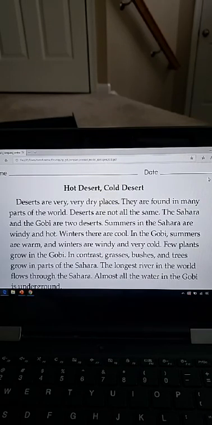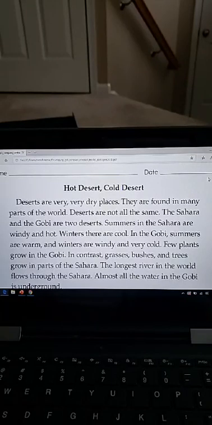So we already have our two items that we are comparing. When we compare and contrast, we're going to tell from this text how hot deserts and cold deserts are alike, which is compare, and how they are different, how they contrast. Okay, so let's read the text.